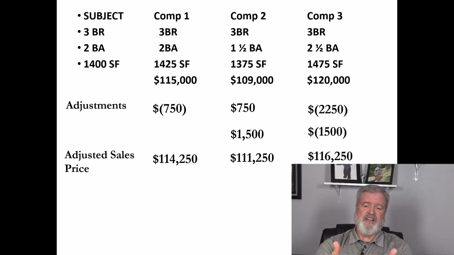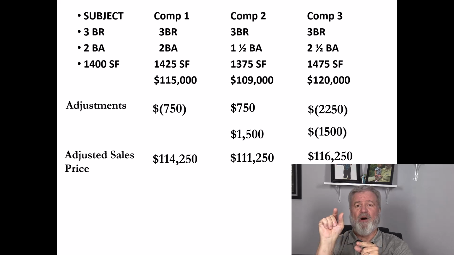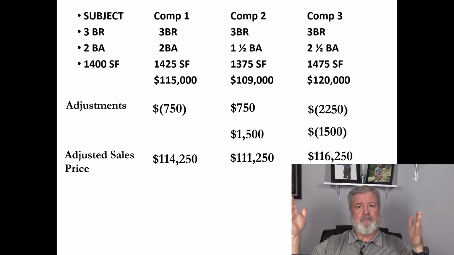So just looking at this example again on the slide, if you're looking at the adjusted sales prices, we know this house should be worth somewhere between $111,000 and say $116,000. Again, that's a very small range. In reality, that range is going to be a good bit bigger than that.